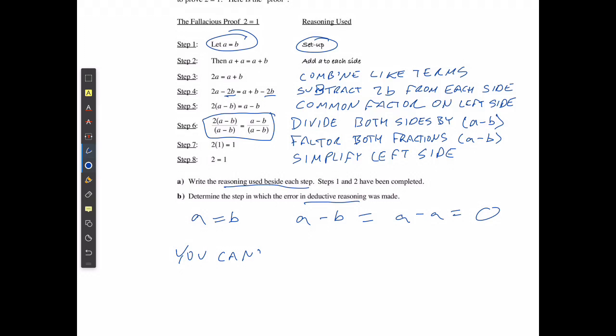You can't divide by A minus B, because it is the same as dividing by 0.